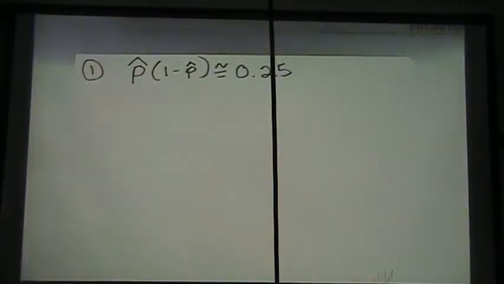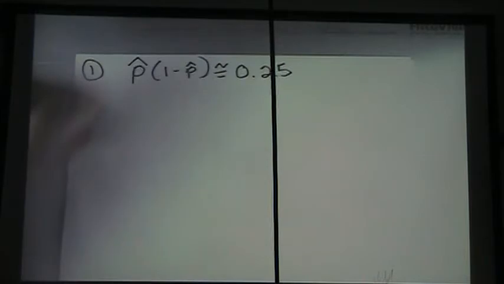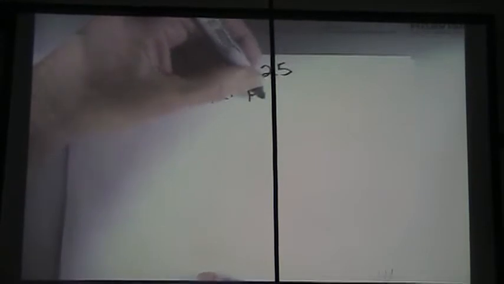All right, well, let me build a little table. I've got my P over here, and then I have my P times the quantity 1 minus P, and I'll put that here.